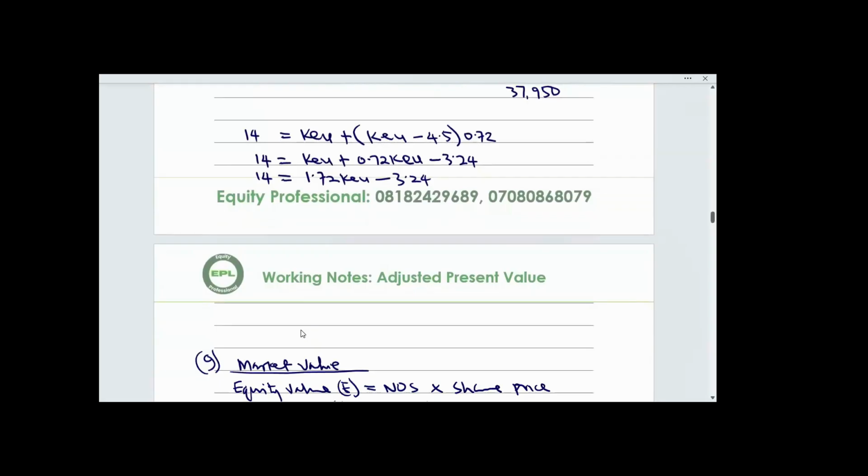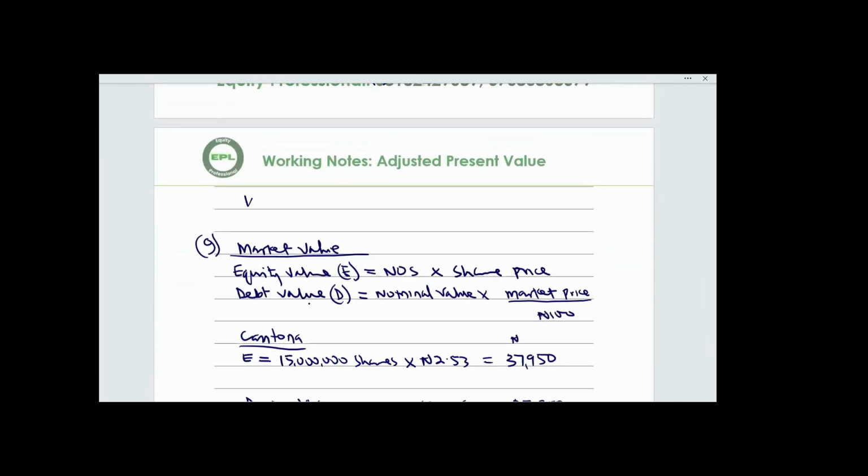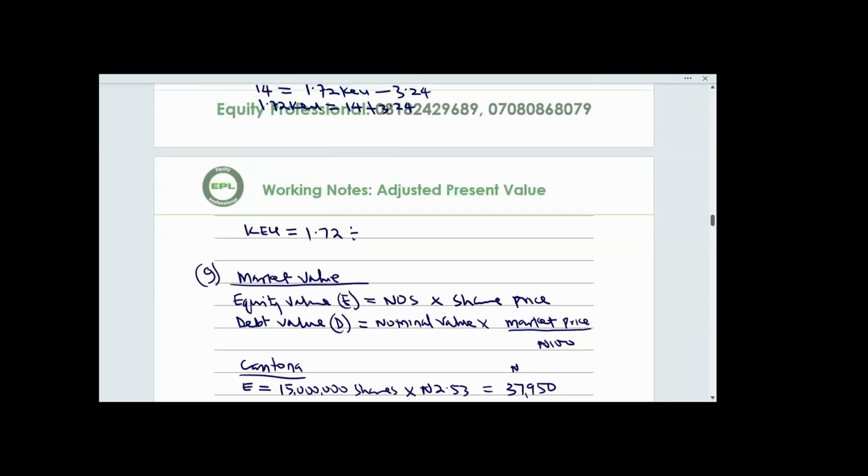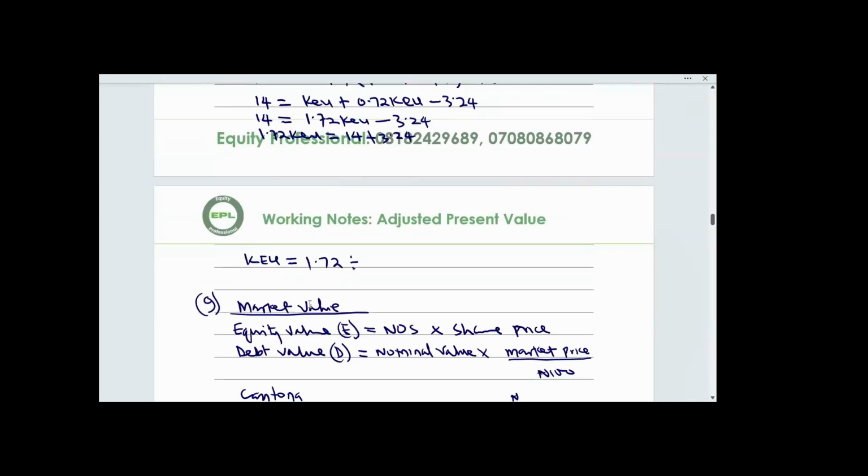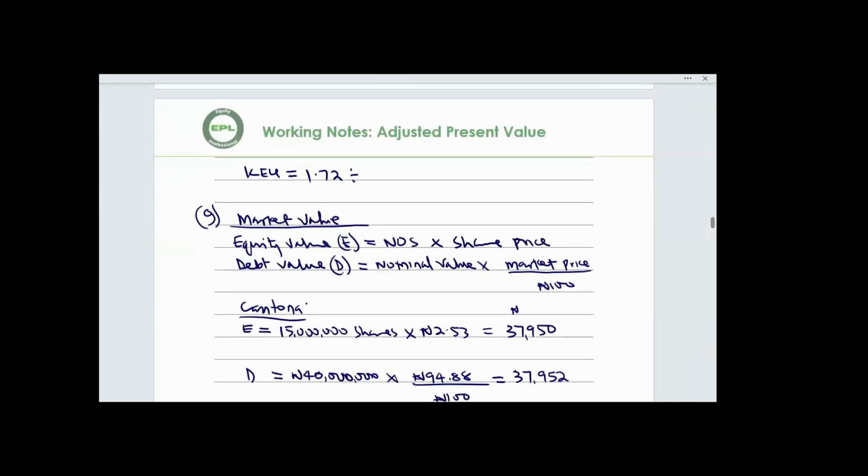So 1.72 KEU equals 14 plus 3.24. So KEU will be equal to 17.24 divided by 1.72, which gives approximately 10%. Okay, so cost of equity on gear is 10%.